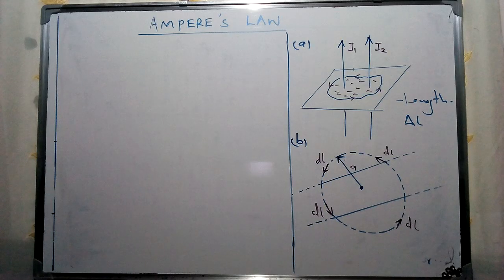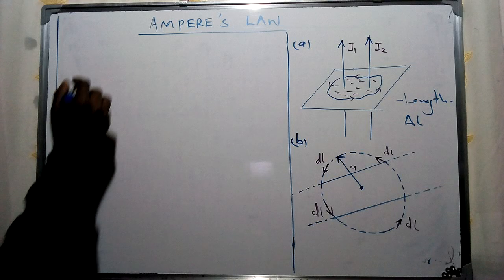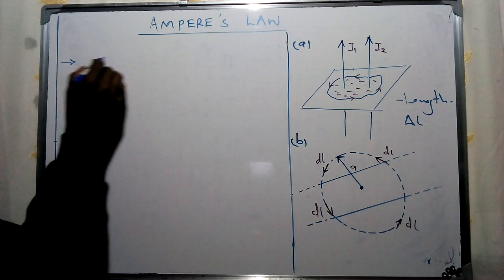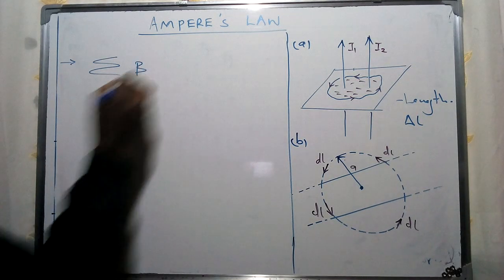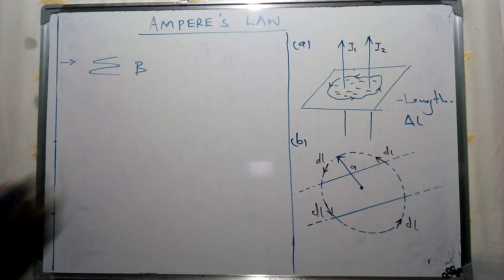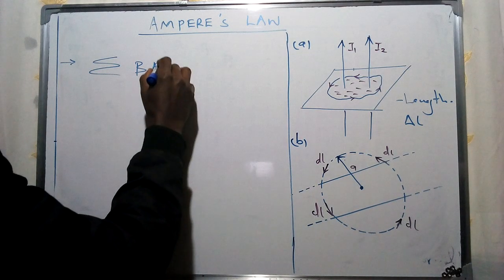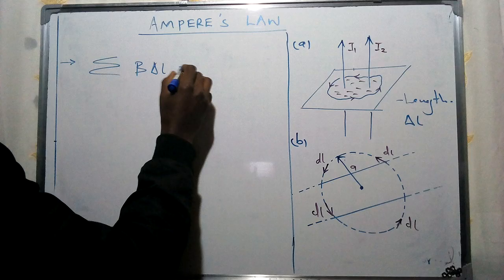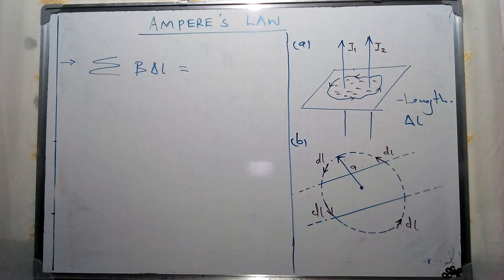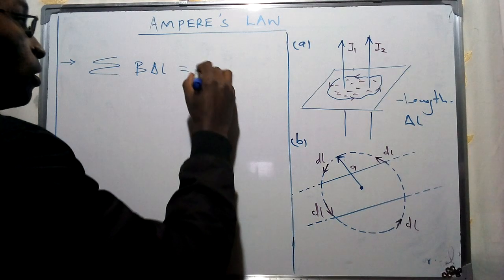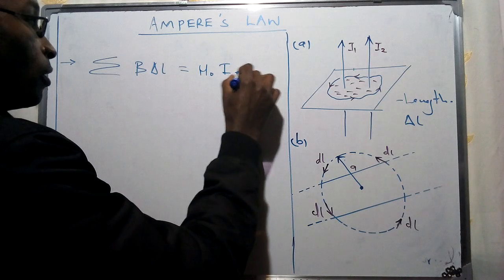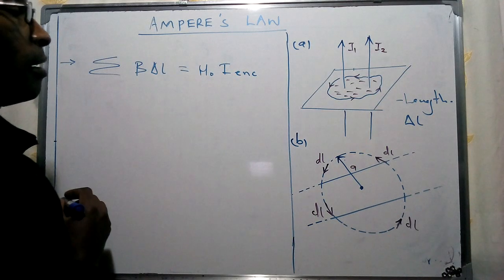This relationship can be illustrated in terms of an equation, whereby if we take the summation of the magnetic field and the length element delta L, this is going to be given as the product of mu naught and the current enclosed in this path.